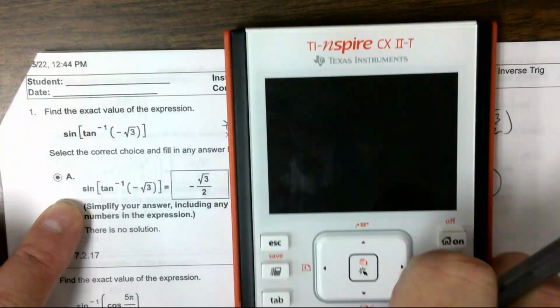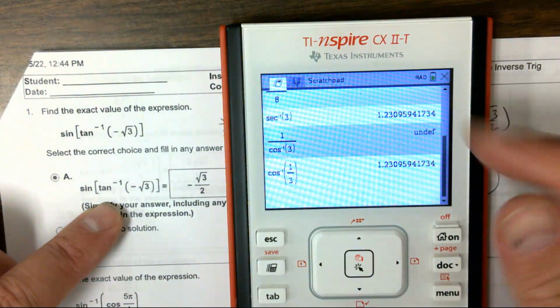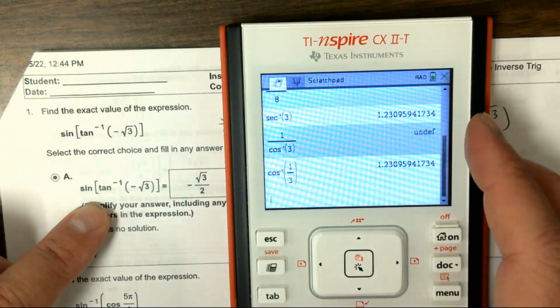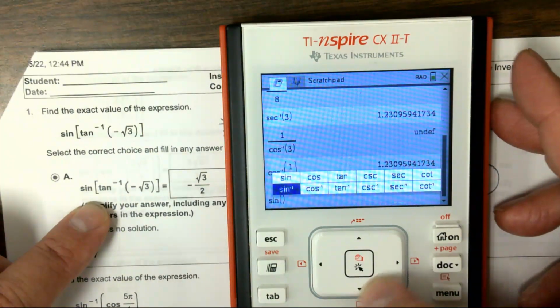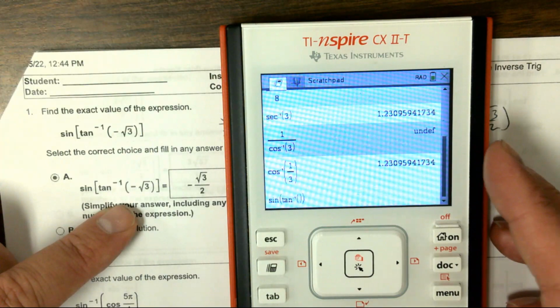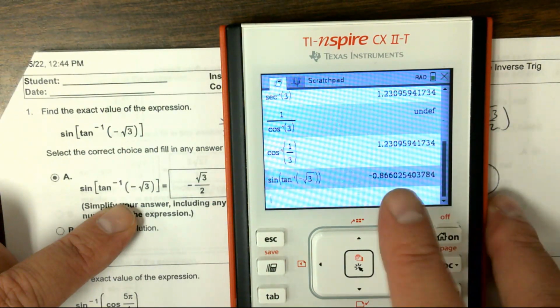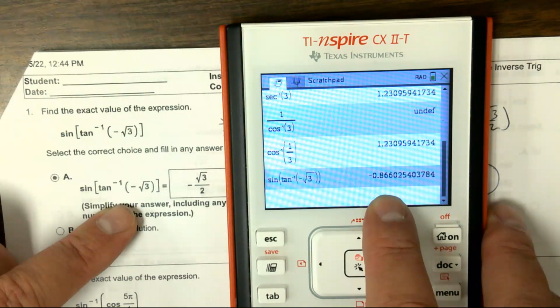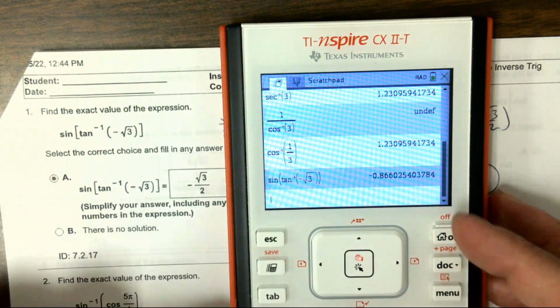Now, again, for those of y'all who like trying things on the calculator and guessing and checking, remember you'd have to be in radian mode and do sine of inverse tangent of negative square root of 3. That gives me this, and then you'd have to guess and check until you find it, but it's negative square root of 3 over 2.